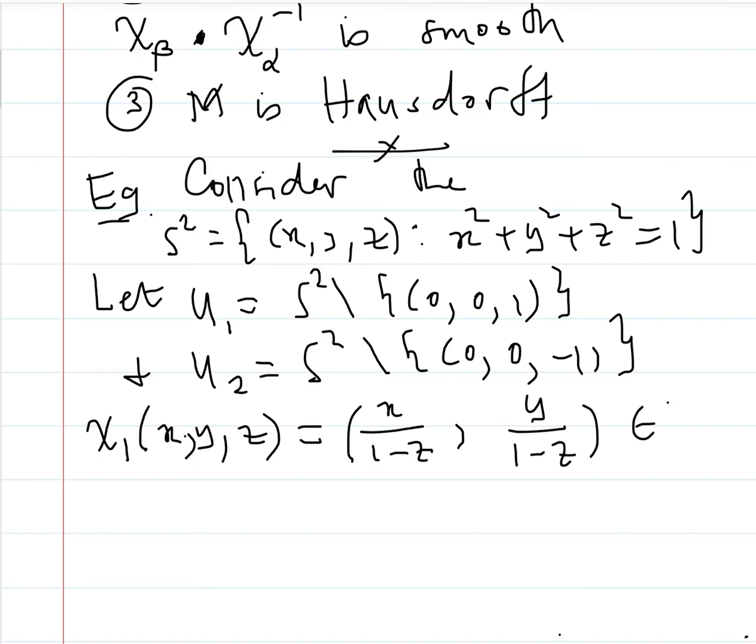This would obviously be in R2. So chi1 goes from the set S2, or particularly from U1 to R2.